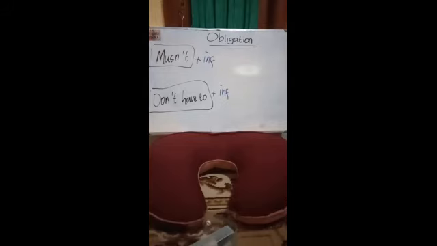Otherwise, don't have to is used to express no obligation, or we think that things are not necessary. I will give you examples to make you understand the use of mustn't and don't have to in English.